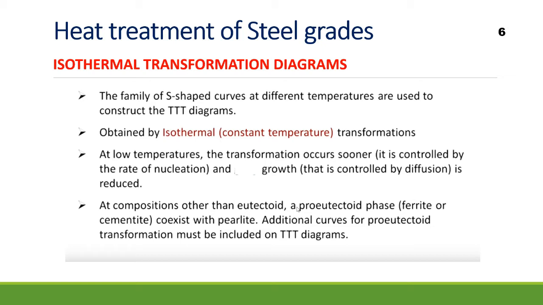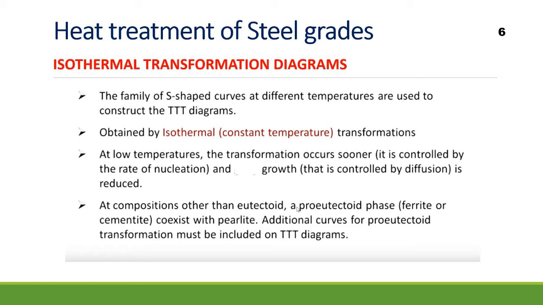Number 4 is that at compositions other than eutectoid, a pro-eutectoid phase, ferrite or cementite, coexists with pearlite, which we know happens, and additional curves of pro-eutectoid transformation must be included on TTT diagrams.